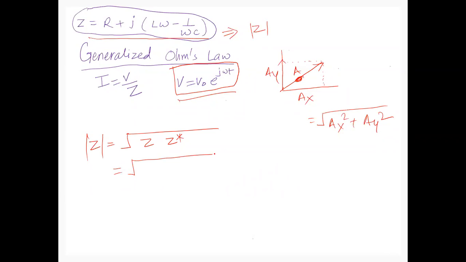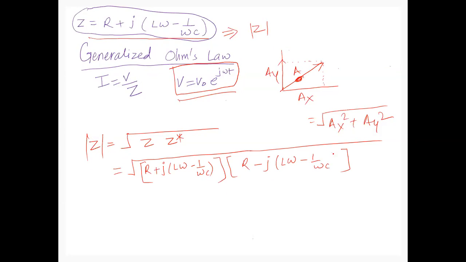So what is your Z here? Help me here. Z is R plus j(L omega minus 1 over omega C). How do you find Z star? Z star will be R minus j(L omega minus 1 over omega C).